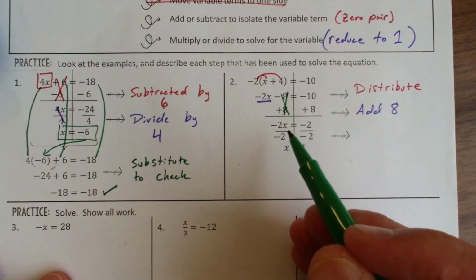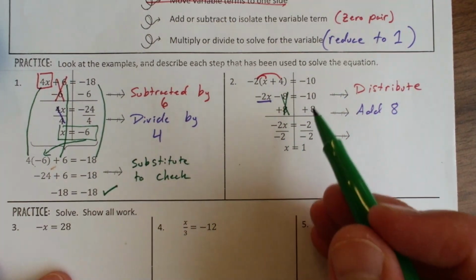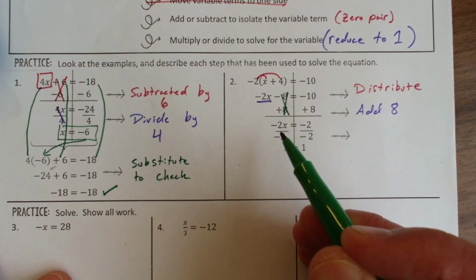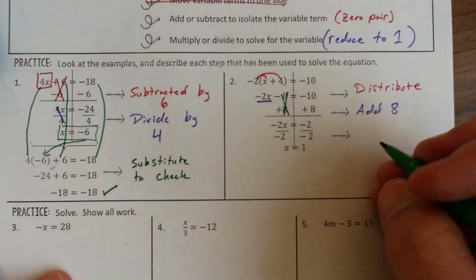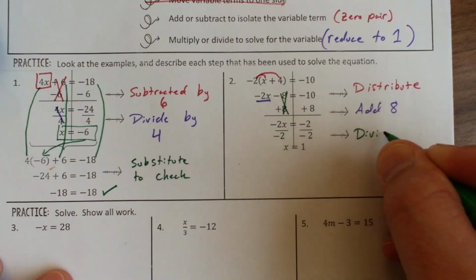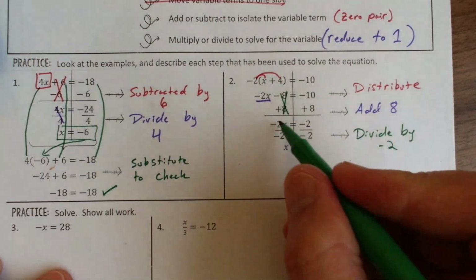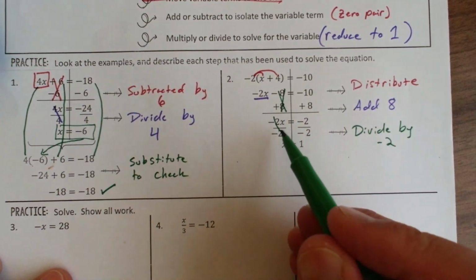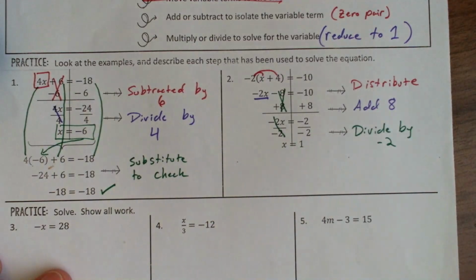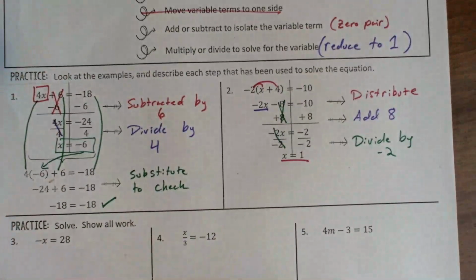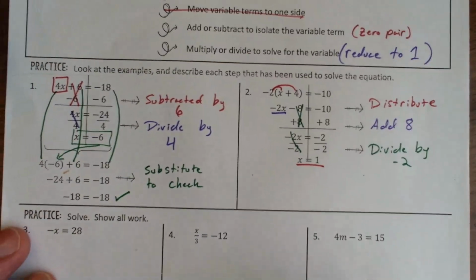We're left with negative 2x. Negative 10 plus 8 is negative 2. Now here, to peel that negative 2 off, we divide by negative 2, which reduces this value down to 1. And we get negative 2 divided by negative 2, and that's just 1. So our x value is 1.